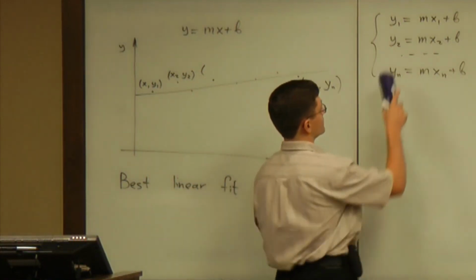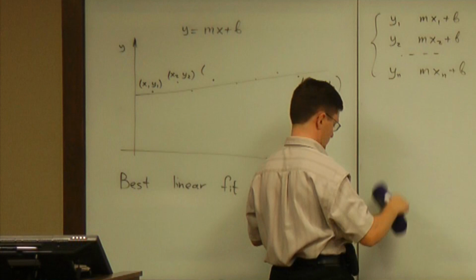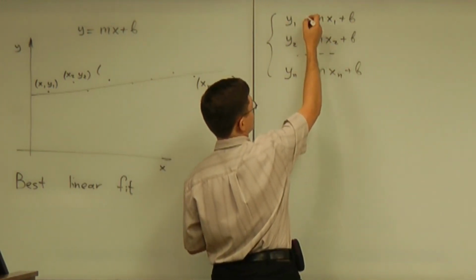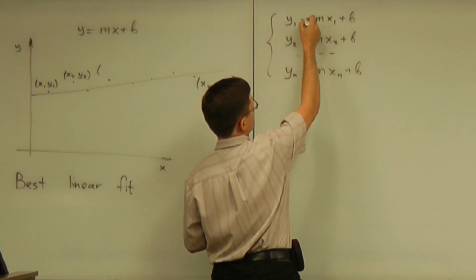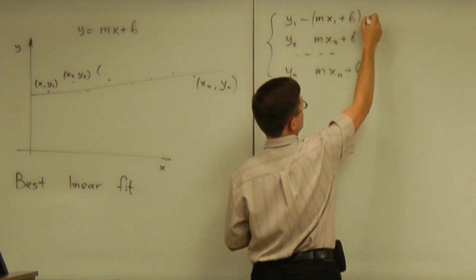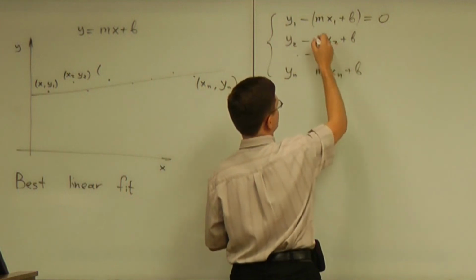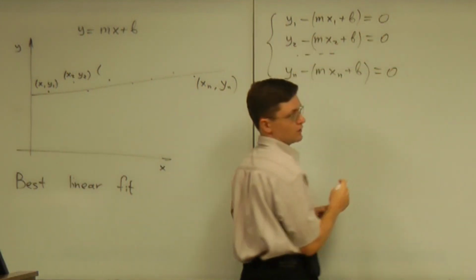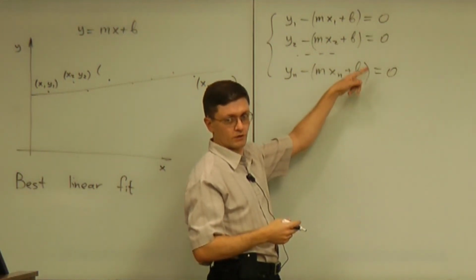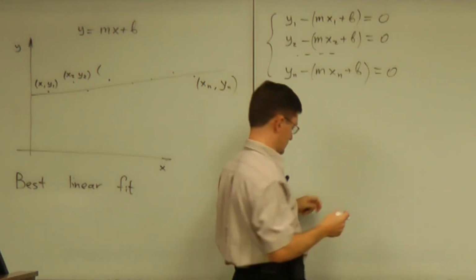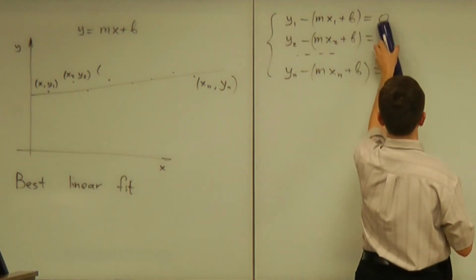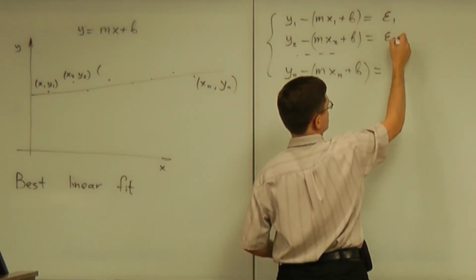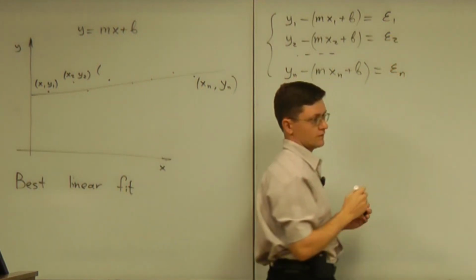So you say that you don't even hope for exact equalities. You have approximate equalities. So instead of that difference being 0, and that difference being 0, and that difference being exactly 0, you say, well, instead of 0, I would allow some errors. And those differences will be error 1, error 2, error n.